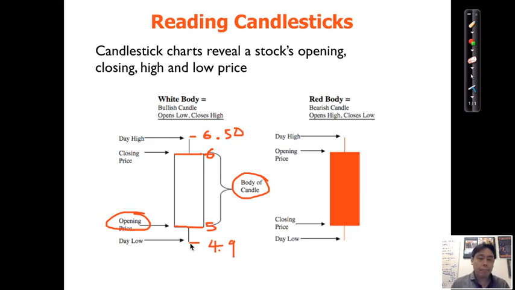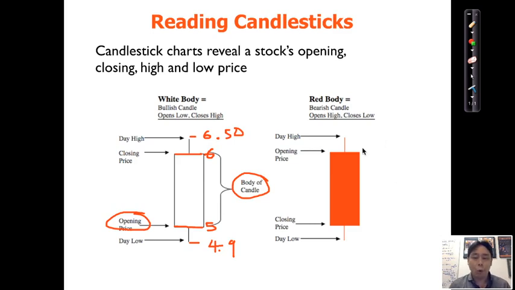Okay? So simple enough. When you see a bullish candle, how do you read the candle? Well, the opening price is at the base of the body of the candle. The closing price is at the top of the body of the candle. The high is at the upper shadow and the low is at the lower shadow. Right? So if you see a bearish candle, you would read it the other way around.